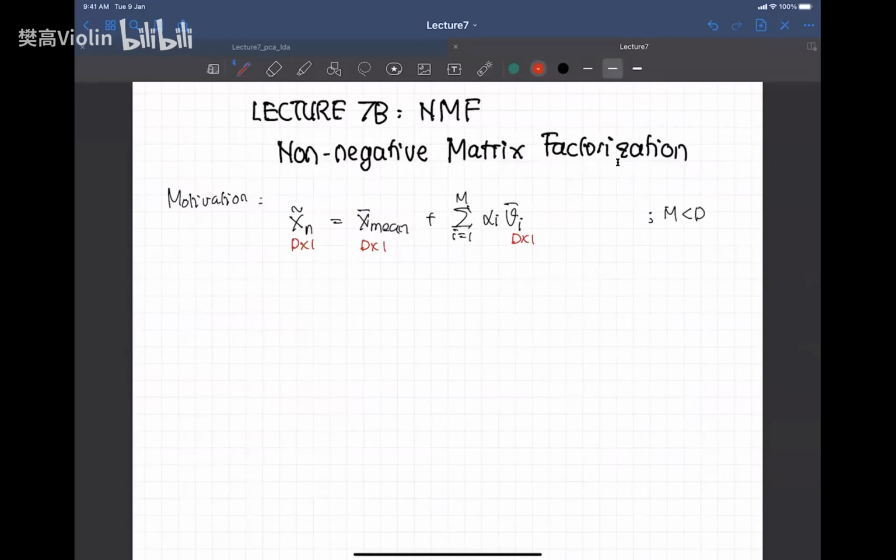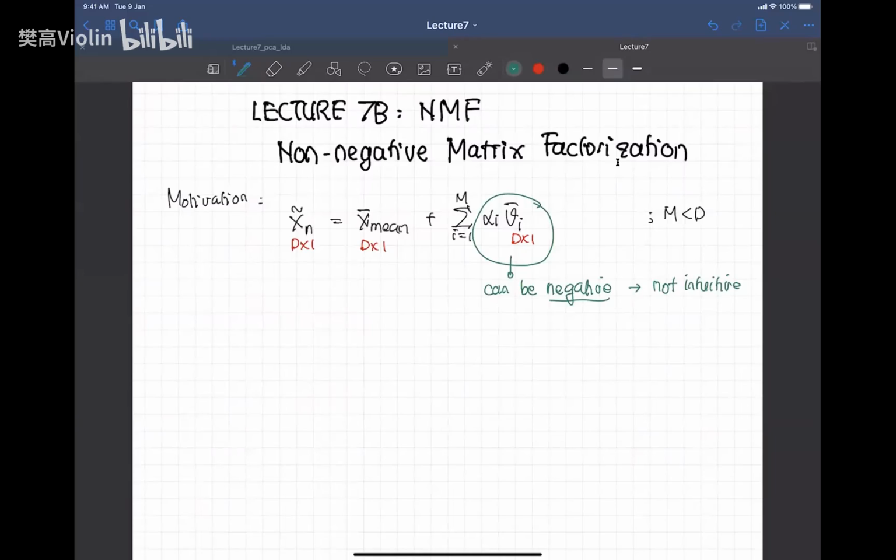Now, the problem in eigenphases or PCA in general is that these two values, either eigenvectors or eigenvalues, can be negative. And in some applications, negative values are really not intuitive. Because in most cases the data are positive, but then lambda i and vi, some elements of vi, can be negative.